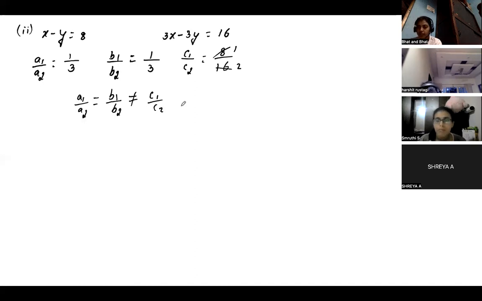Therefore, the linear pair is inconsistent. Okay. The linear pair is inconsistent. Fine.